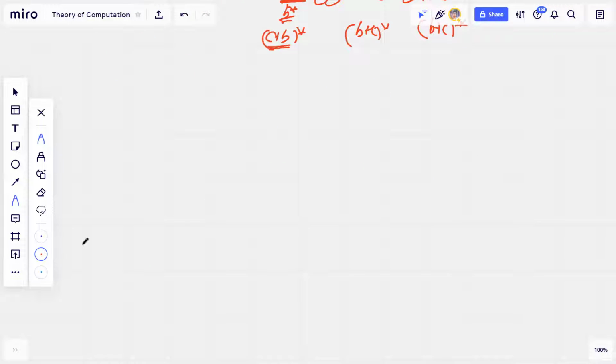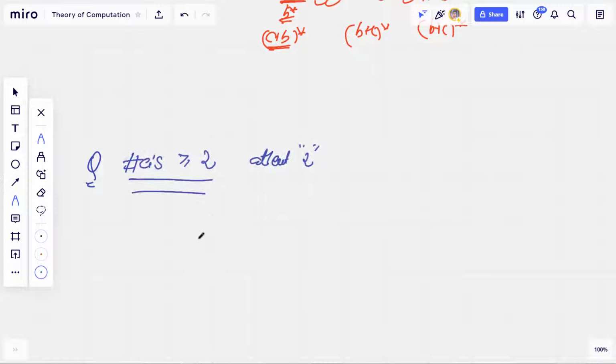Cool. Let's see one more model on this, which contains the set of strings in which the number of A's is at least 2. Sorry for that. Alright, let's see the language which contains the set of all strings such that the number of A's is at least 2, that is, greater than or equal to 2. So what will this language be?